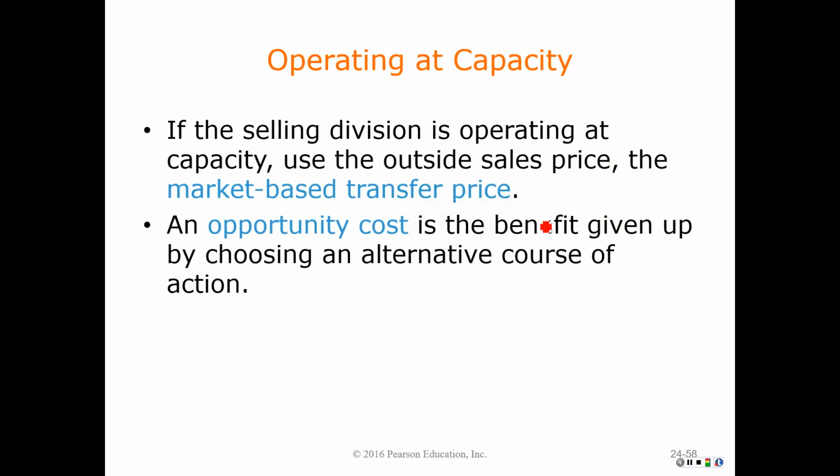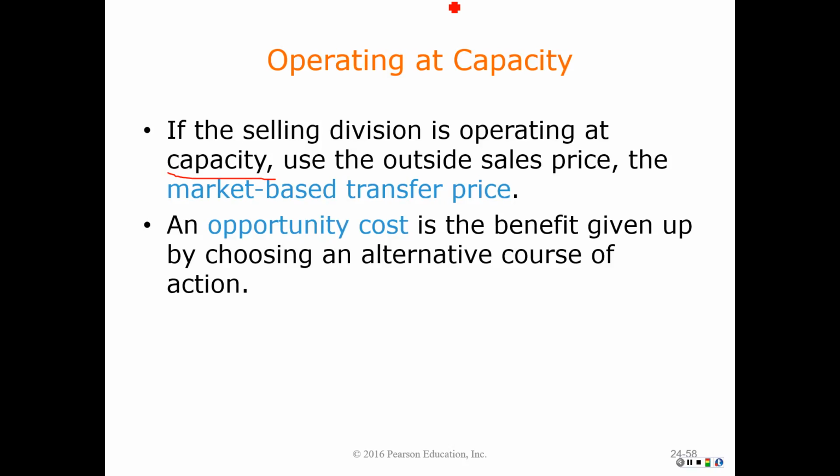So how do we decide? If we are operating at capacity, first of all, what does that mean? If I am utilizing 100% of my machines, 100% of my people, and there's no way that I could possibly take on any additional orders, then if I am manufacturing a part for someone within my own division, I'm probably going to consider the market price for them, because I am, in essence, turning away outside sales to manufacture a part for someone in my division.